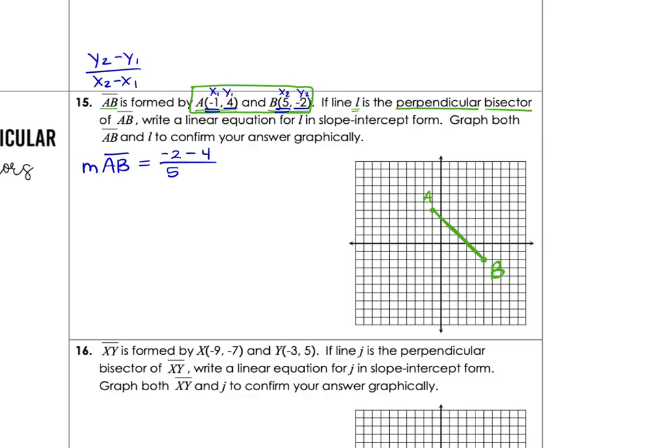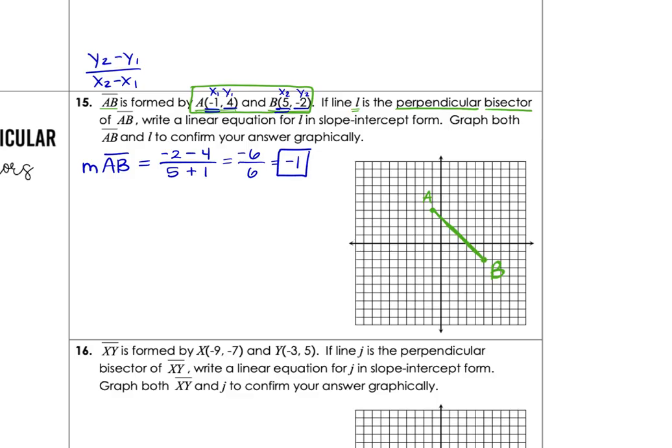So 5 minus a negative is going to be 5 plus 1. Okay, simplify that. -6 on top, 6 on bottom. What is the slope of line AB? -1, right? Down 1 over 1, down 1 over 1. Okay, so we have that slope.